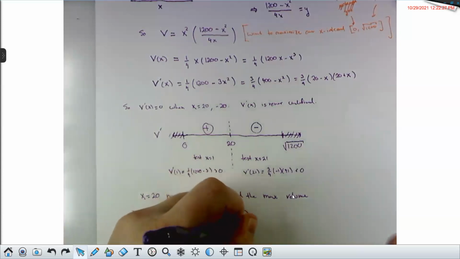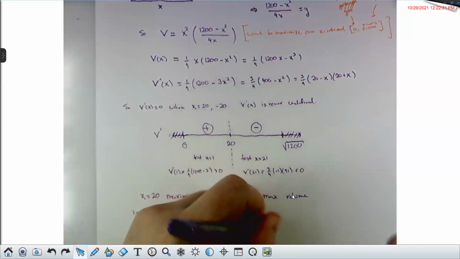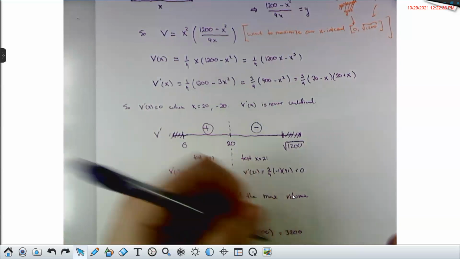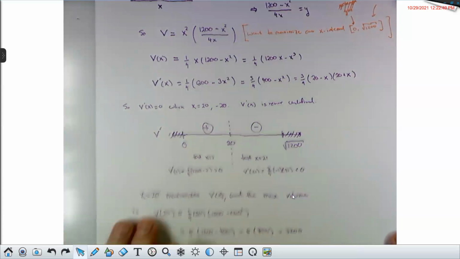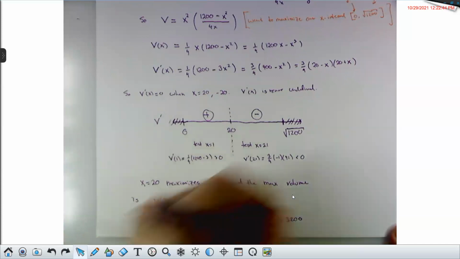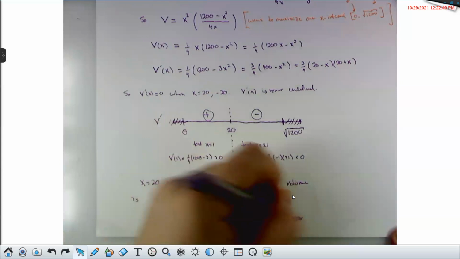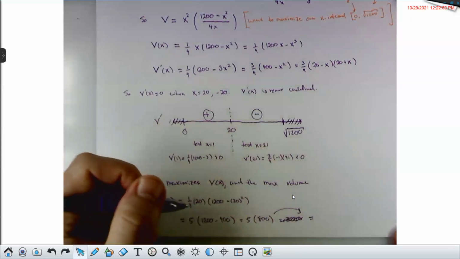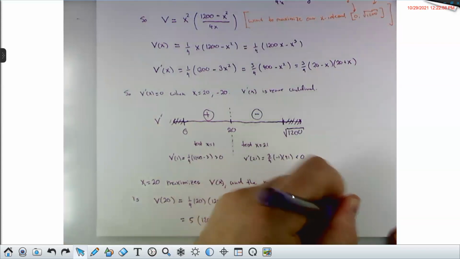So this is 5 times 800, which is 3200. Is that correct? And the volume here is measured in centimeters cubed. I'm sorry, that's not correct. That would be 4 times 800. 5 times 800 is 4,000, right? And the units are cm cubed.